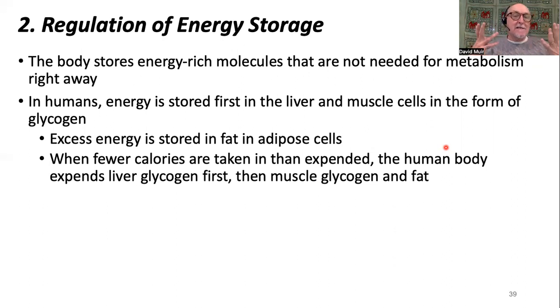We normally access, first of all, our circulatory glucose, then our glycogen, and then the stored fats. But the body has to regulate where these substances go very, very carefully. Excess circulating glucose in the blood is actually extremely dangerous. And so the body has to regulate its passage into intermediate storage and into long-term storage.